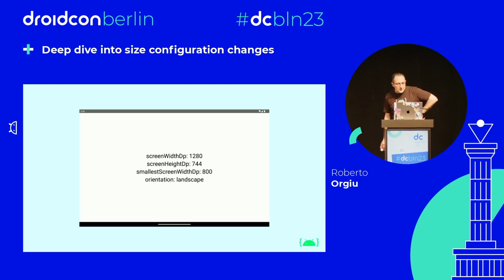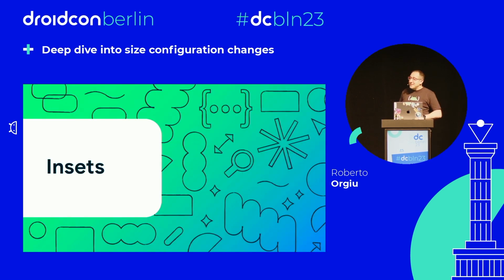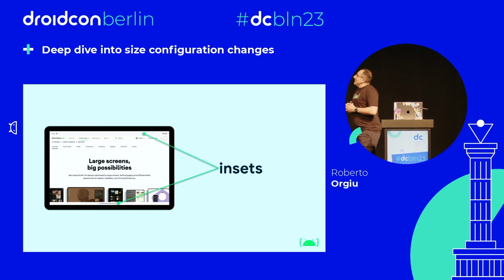Yeah, let's try. So the answer to that is insets. By default, the system UI is displayed on some parts of the screen. In this case, we have the status bar on top and the navigation on the bottom.